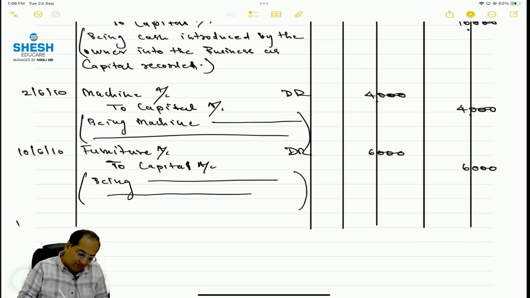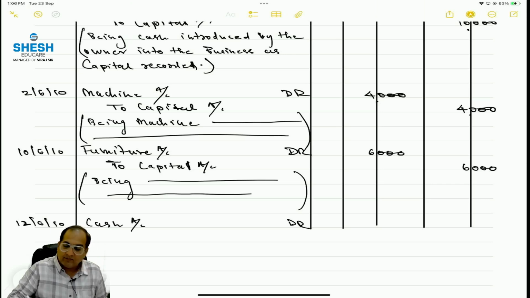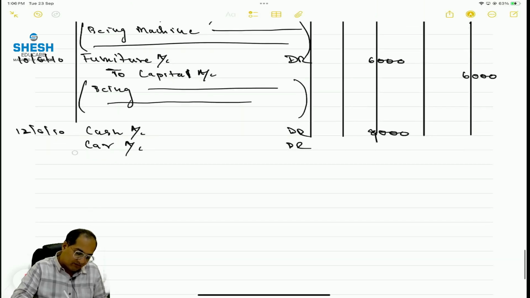On 12th June, he has introduced cash worth rupees 8,000 plus personal car worth rupees 40,000. So for the business, two things are coming in on the same date, that is on 12th June.